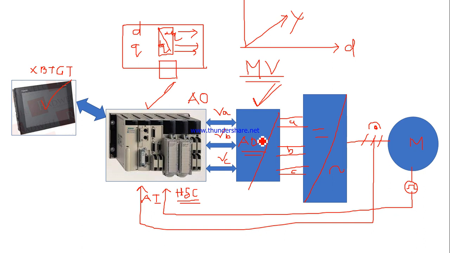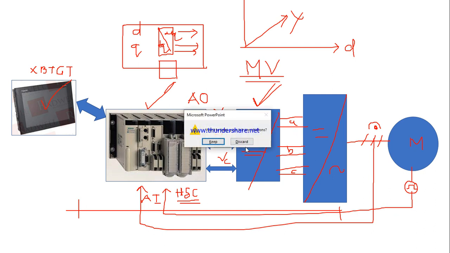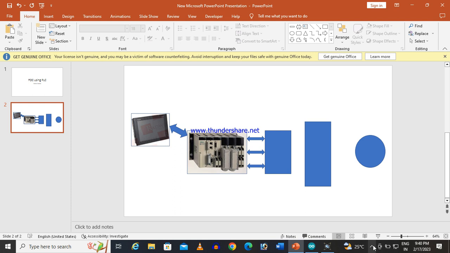That time we can generate more outputs. Okay, so this is a concept that using a PLC we can very easily implement the vector control of induction machine. This I just wanted to share with you.